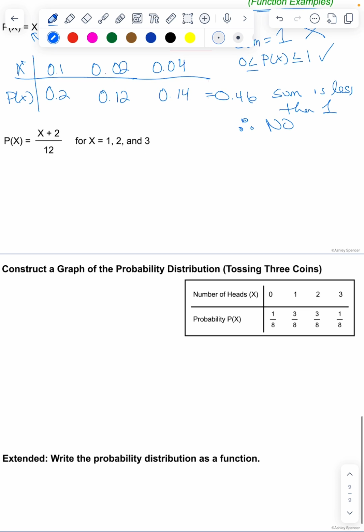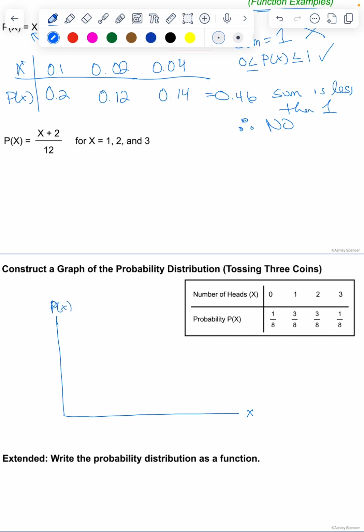And then the last thing is constructing a graph for the probability distribution of tossing the 3 coins. This is just going to be a bar graph. And on the test, you will be asked to graph this data. And every part of this graph will be checked. So go back to elementary school when you first learned how to graph. We know this is the x axis.